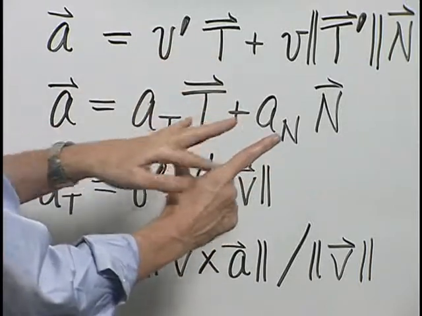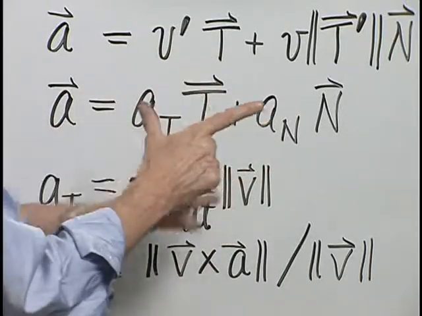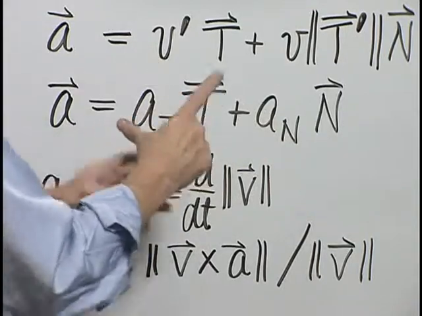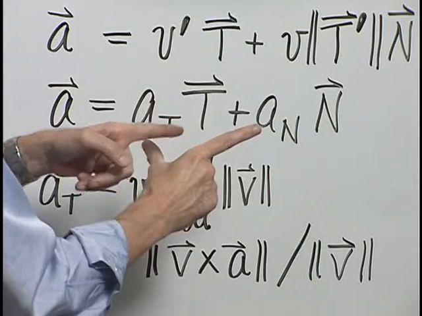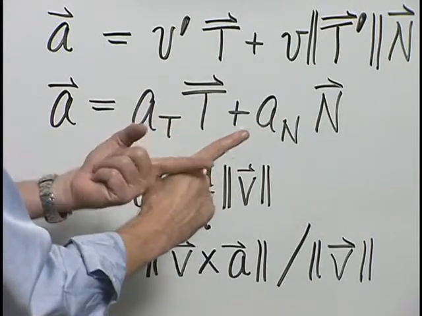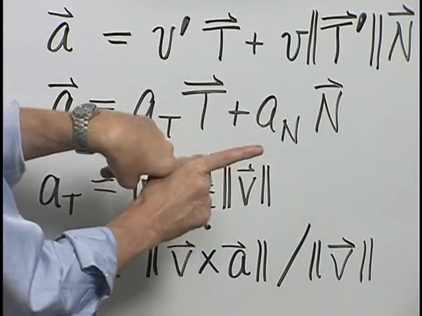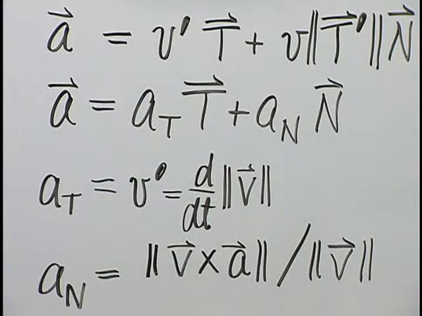It almost looks like a piece of a circle, and so the acceleration vector points in that direction, and so the acceleration is in the plane of the tangent vector and the normal to the curve at that point.